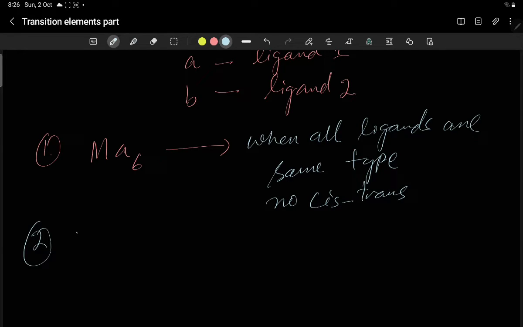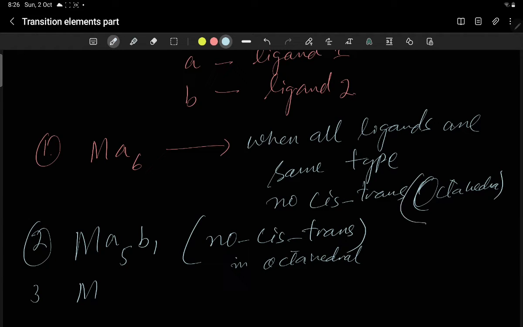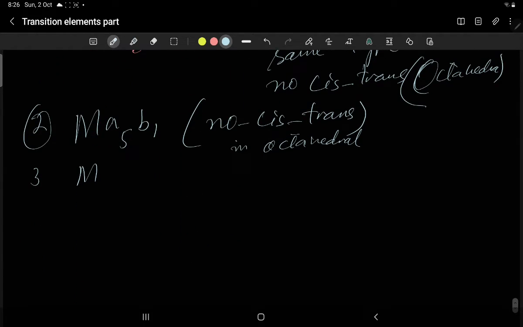Number 2, if MA5B1, no cis trans. Octahedral.